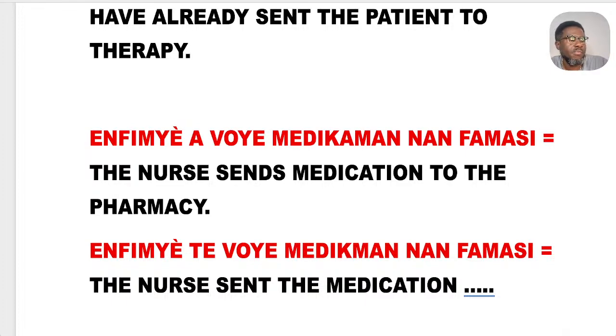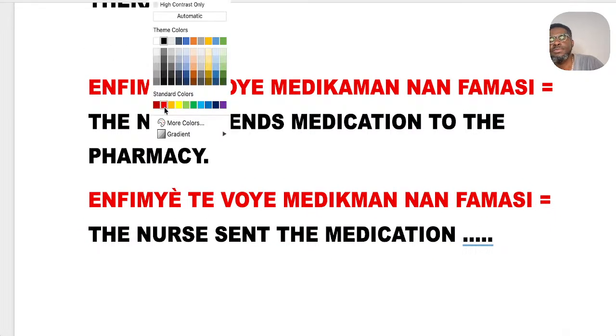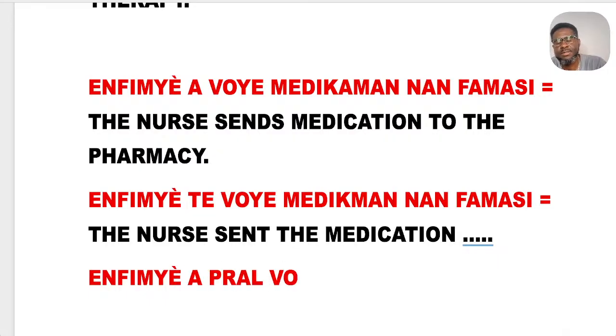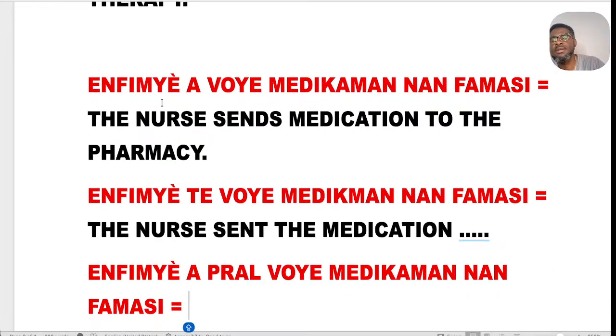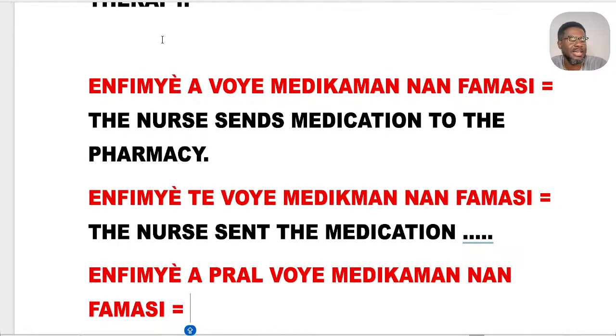All right, now, future simple. Demain, non. Infirmier pral voye medikaman nan famasi. So, s'il pral voye, nou va l'utiliser futur simple. Infirmier pral voye medikaman nan famasi. So we have the nurse will send.